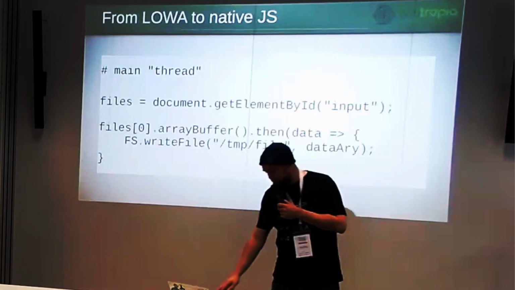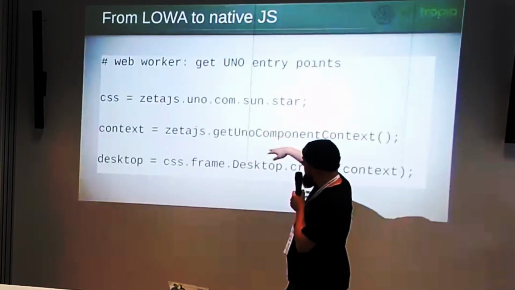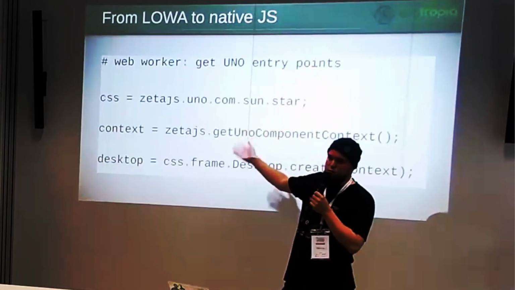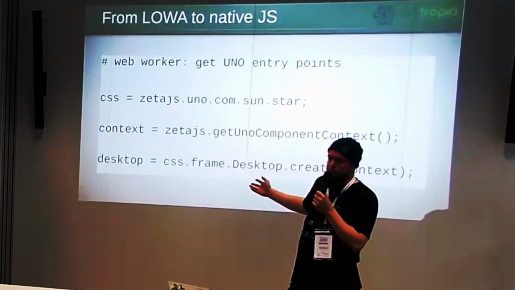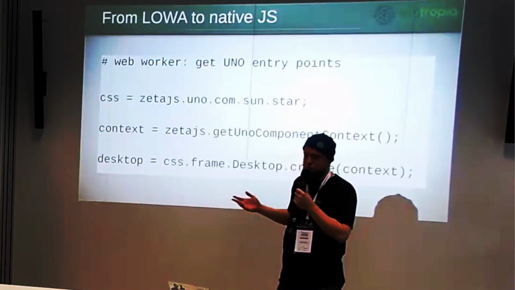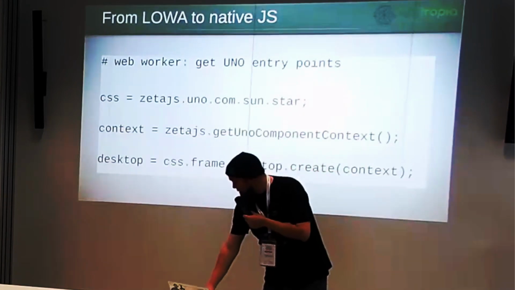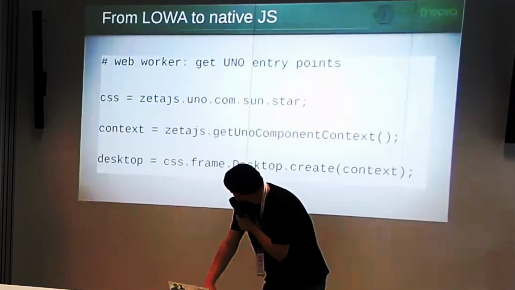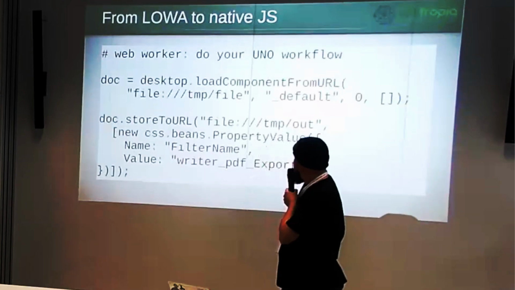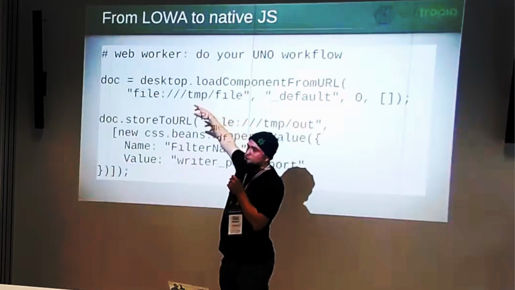Next step, this is just some initialization to get some basic variables, like the standard API which LibreOffice has to program it externally or through macros. There we have a few objects from this context. Then we can use those objects, and this is something we have to do in the respective worker.